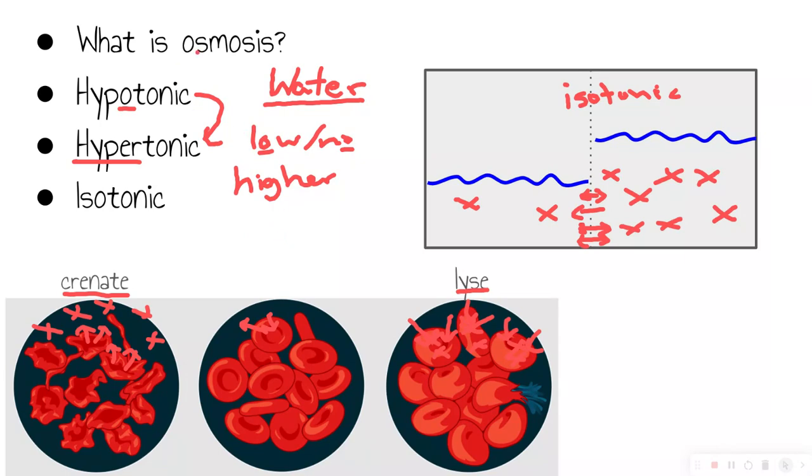All right, so osmosis is the movement of water through a semipermeable membrane, so only water can get through, from a hypotonic solution, so a lower concentration or no solutes, to a hypertonic solution, so hyper, higher, so it's going to have a higher concentration of our solutes, until the solutions are isotonic, so they have an equal concentration on each side of the membrane.